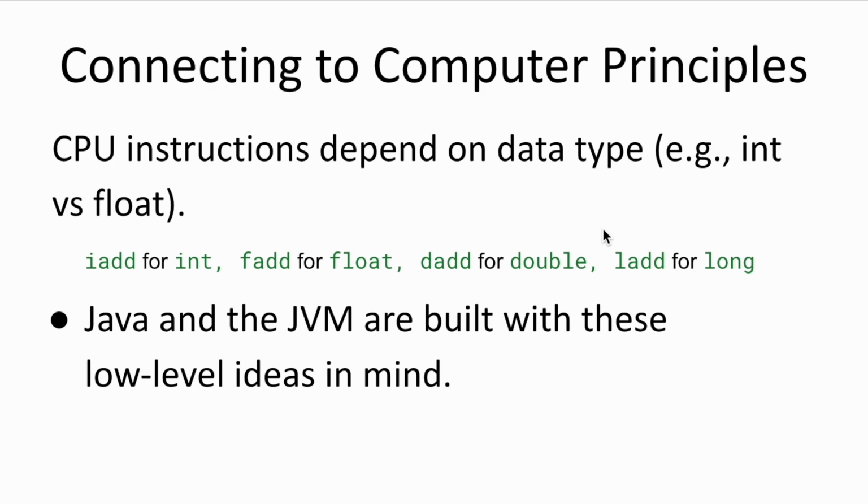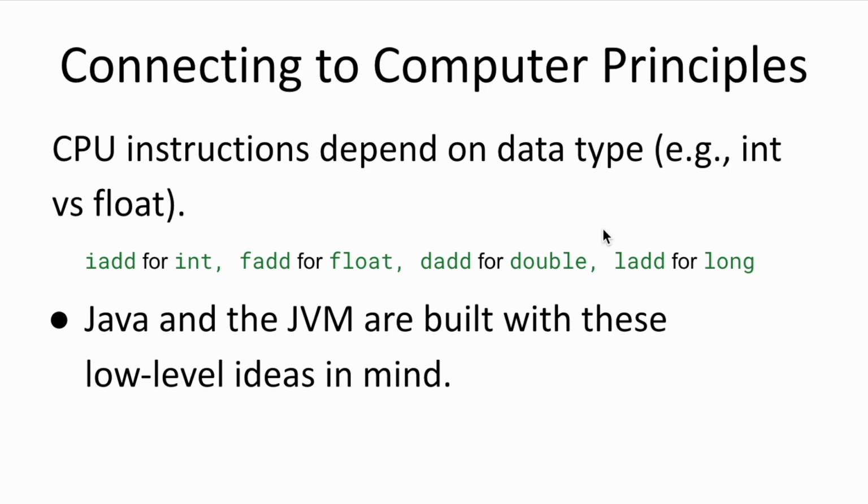Because different data types require different formats, use different CPU instructions, have different rounding, overflow and precision behavior, and are optimized differently in pipelines and caches. That's why Java's bytecode separates instructions by type and the JVM translates these into the right CPU instructions depending on the platform.